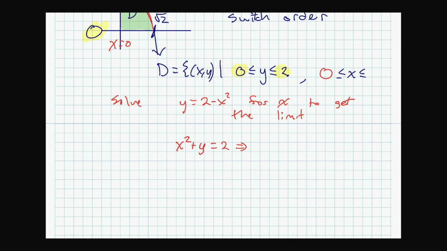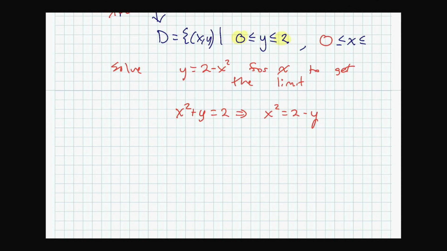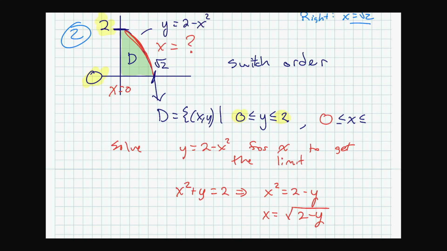Subtract y from both sides, you get x squared equals 2 minus y. Then you square root. Technically it's plus or minus, but we do want actually positive x values, right? Negative x values are over here, positive x values are over here. So technically there's a plus or minus, but we want specifically the plus.